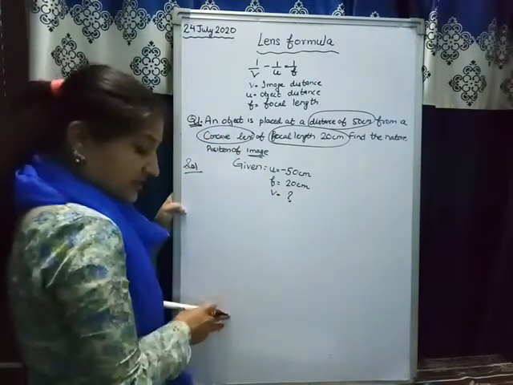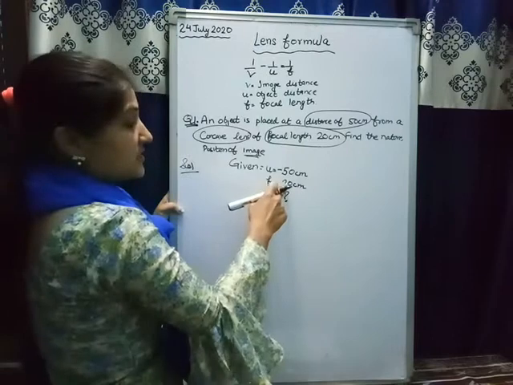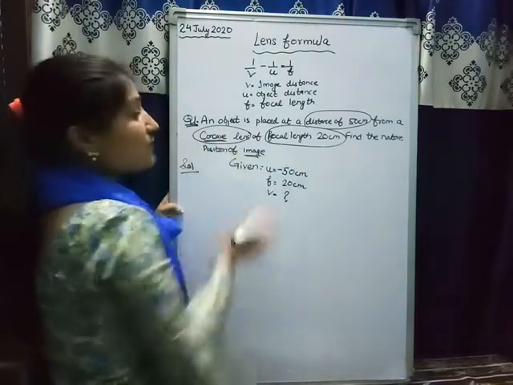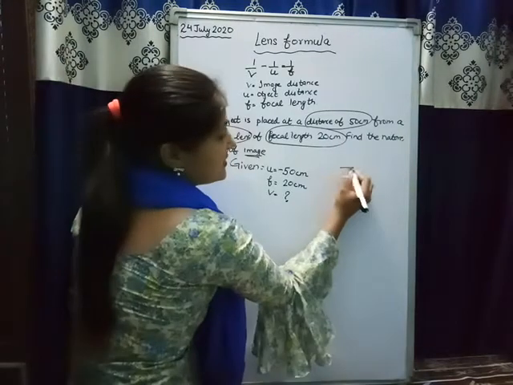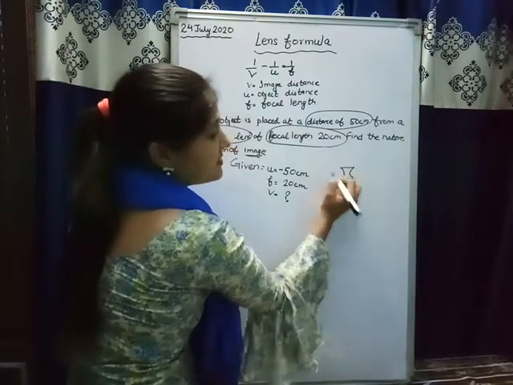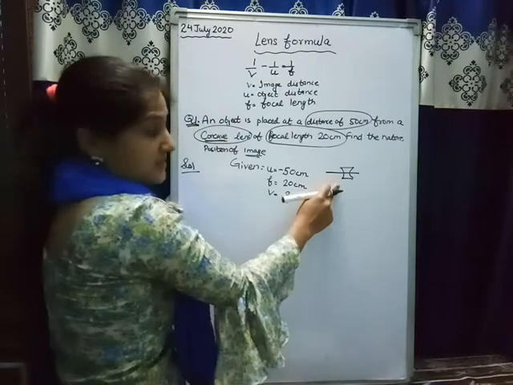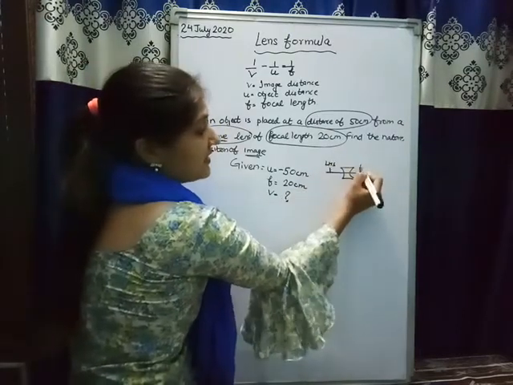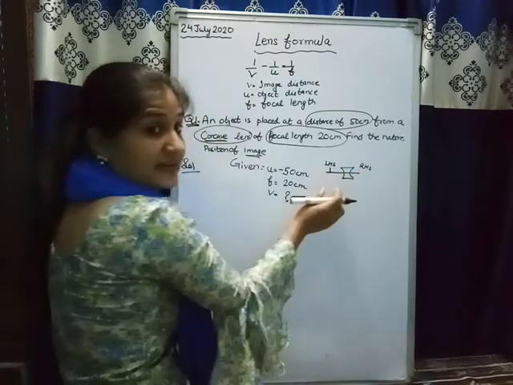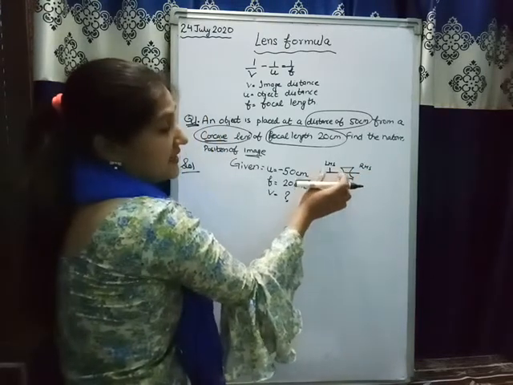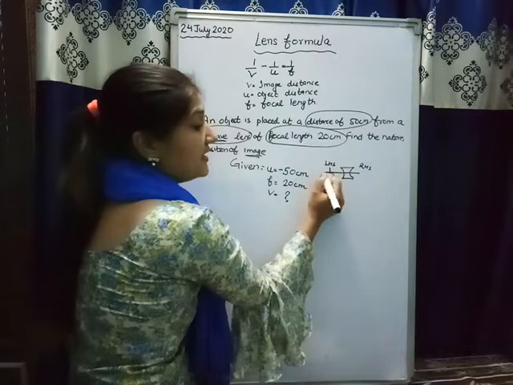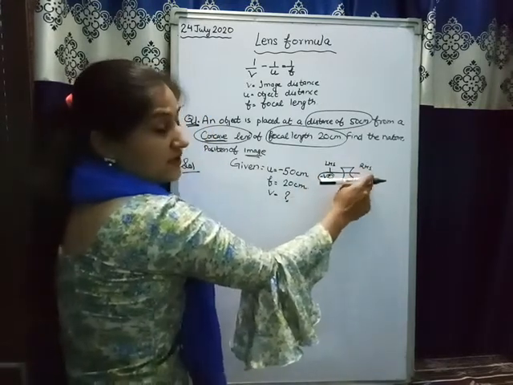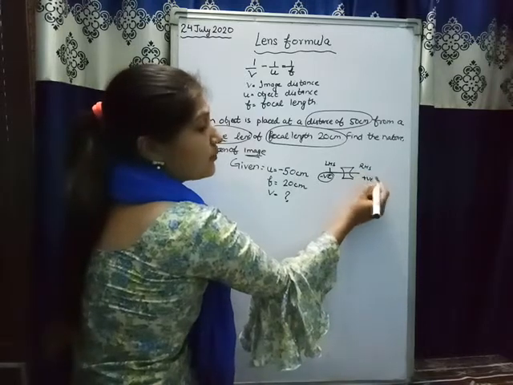Now for this, is the focal length plus or minus? How can we know this? The lens is what? Concave lens. In this case, the object is here on the left hand side and this is the right hand side. Anything present on the left hand side is negative, and an object or image present on the right hand side is positive.